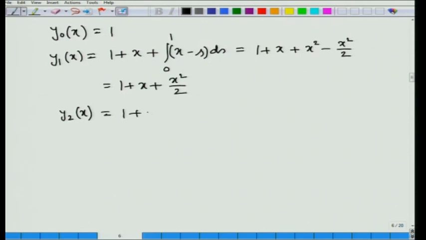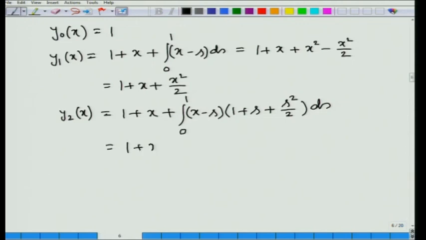is equal to 1 plus x plus integral 0 to 1 x minus s multiplied with 1 plus s square by 2 ds, and evaluating we can find this will be equal to 1 plus x square by 2 plus x cube by 6 plus x to the power 4 divided by 24.